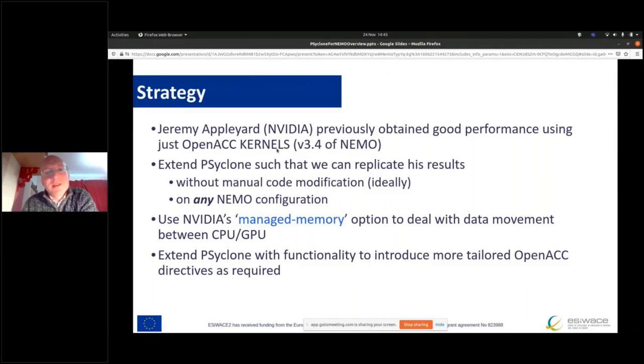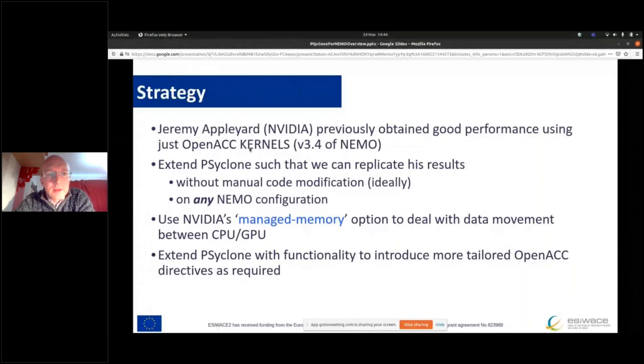But as I mentioned earlier, you can take a branch and go off and do that, and that's fine. But while you're doing that, the trunk of NEMO moves on, and it moves on fast. So that branch, although it showed good performance, because it involved directives that the oceanographers aren't comfortable with, and because it was forked off at some point, it's been left behind. So it's a good demonstrator, but it's only a demonstrator.